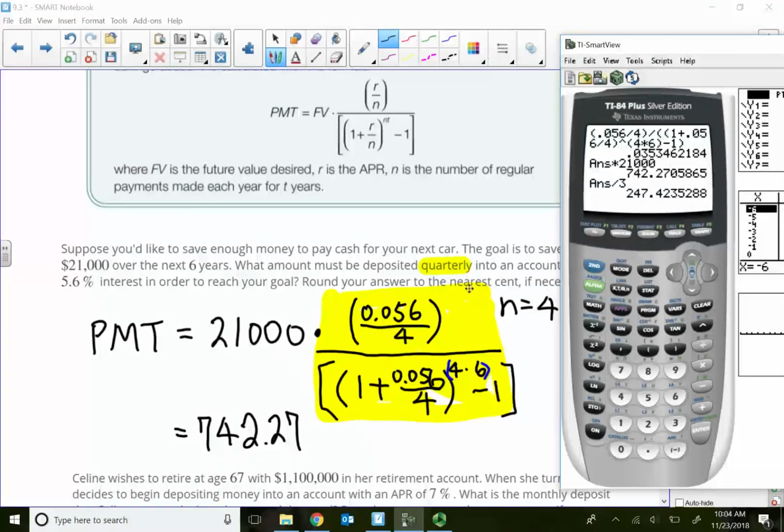If you're thinking about buying a car that is $21,000, rather than pay the finance charge, when you make a payment, you're paying towards the principal and the finance charge to the lender. Instead of that, why not save the money ahead of time and then pay cash for the car?